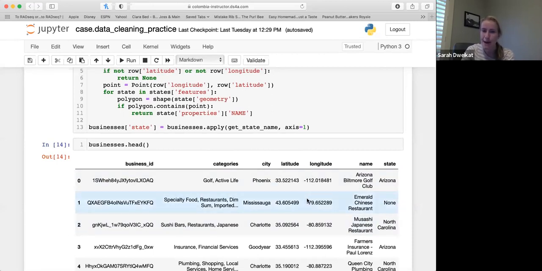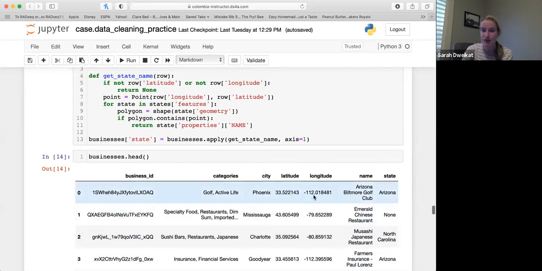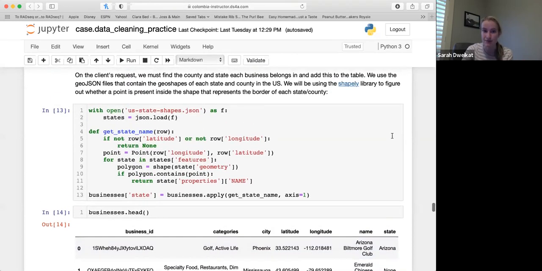We would have to investigate; maybe this latitude and longitude isn't defined within a particular state or something like that. I couldn't come up with any reason why this would be a None since there are values here. But anyway, the main point is that we should have our states filled in now for this data set based off of the latitude and longitude that's given.